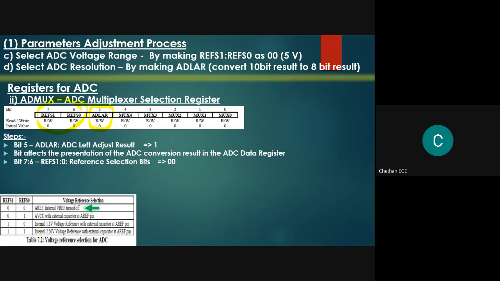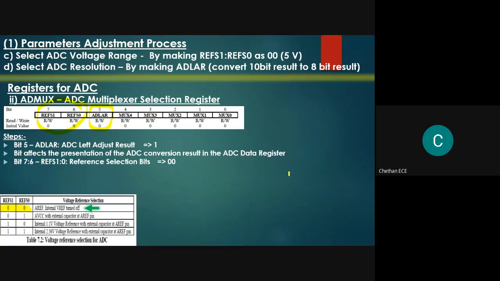Suppose we program them to 1, 1, then I can utilize 0 to 2.5 volts as a reference voltage for my conversion process. Therefore, in this case, we are using 0 to 5 volts as a reference voltage, so we must program bit number 7 and bit number 6 as 0 and 0.